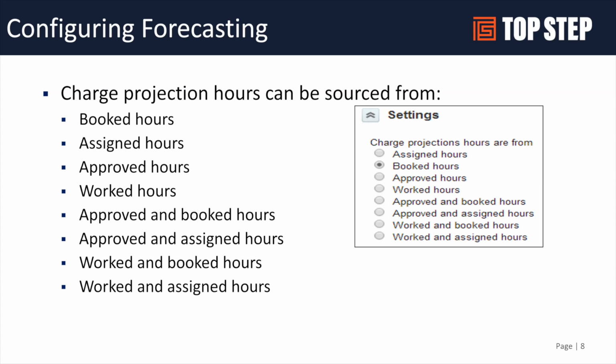In that case, I get a 36-hour projection, which may be accurate. It may not be. So again, you have to decide business by business, company by company, what makes the most sense. Those are some of the use cases we see as we talk with customers about how they want to set up their projections.